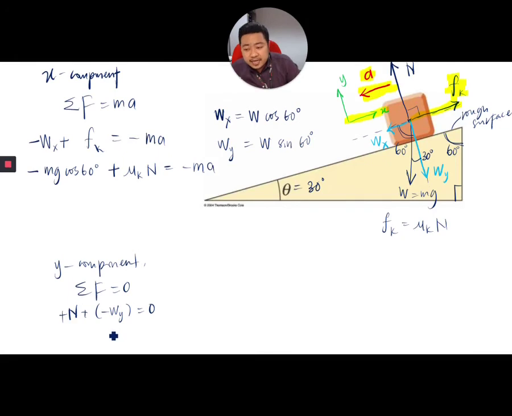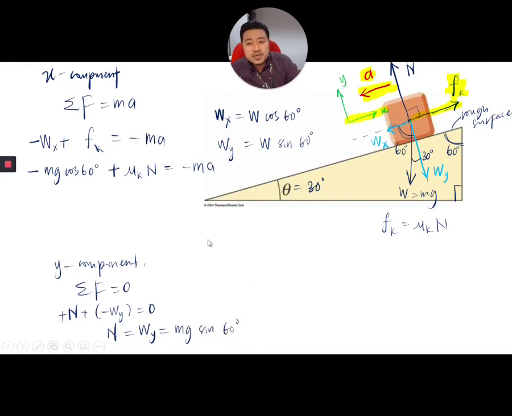So in the end, as you can see here, n is equal to wy. wy is positive because initially it is negative, but because I bring it to the other side of the formula, it becomes positive. And we know that wy is also equal to mg sine 60 degrees.